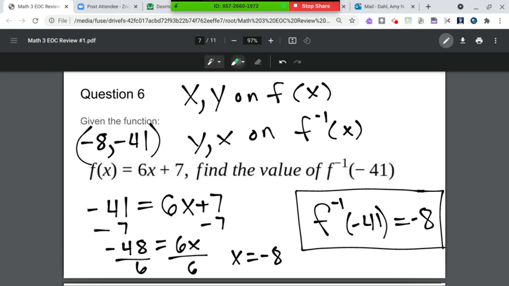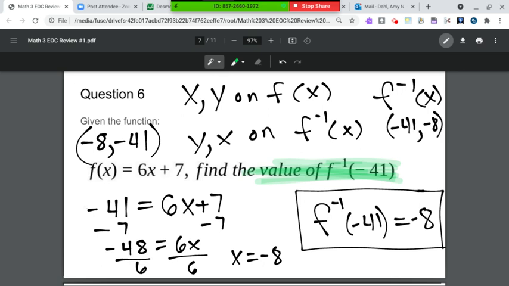So the question you're trying to find is, what is the value of f inverse of -41? Well, we know if it's on the inverse function, then the ordered pair should be what? -41 comma -8. So the value of f inverse of -41 is -8.